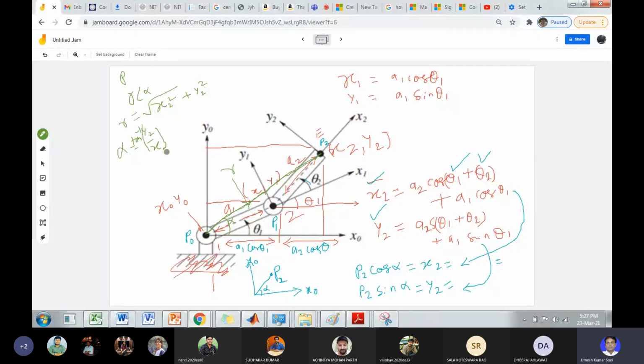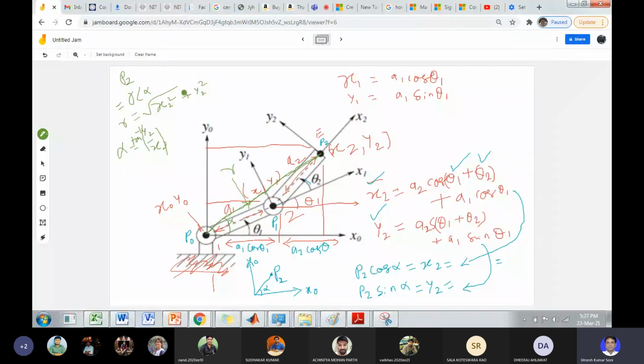You can express the overall angle of the point P2 from the base frame, alpha, in this way, and the overall distance of the point P2 from the origin in this way. So this point P2 is defined by r and alpha.